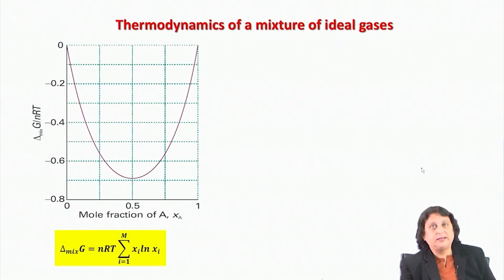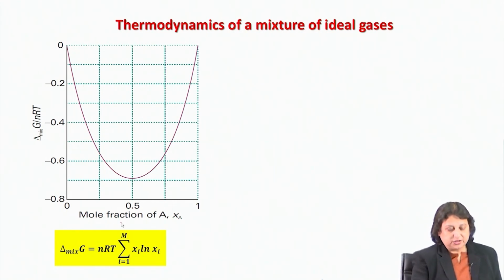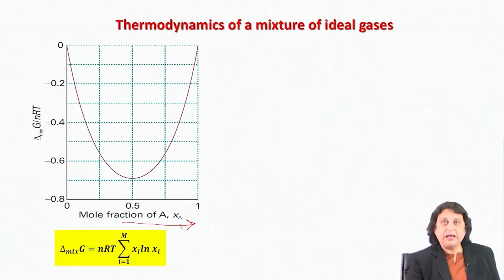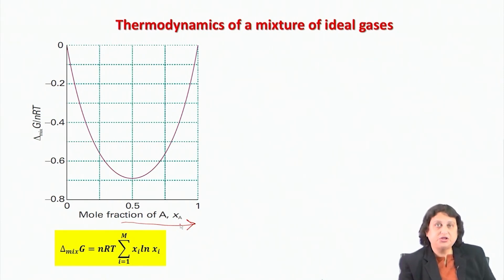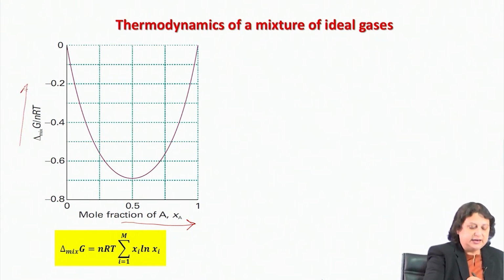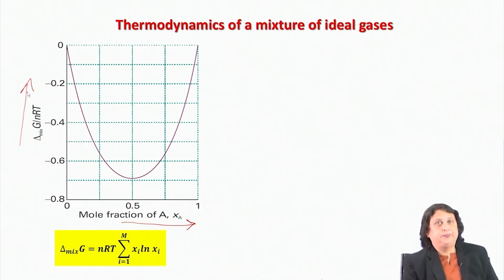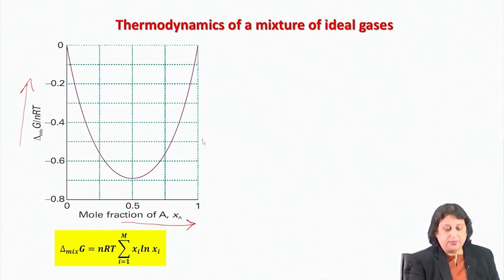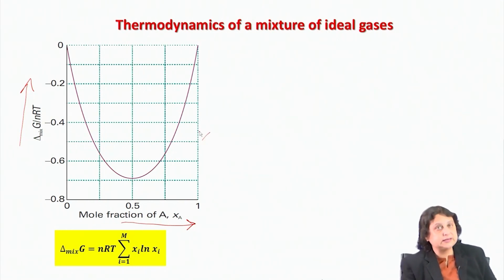Now, moving ahead, what happens if I plot the mole fraction of the component A in the binary mixture of A and B along the x-axis, and I plot delta G mixing along the y-axis? I will get a plot like this.